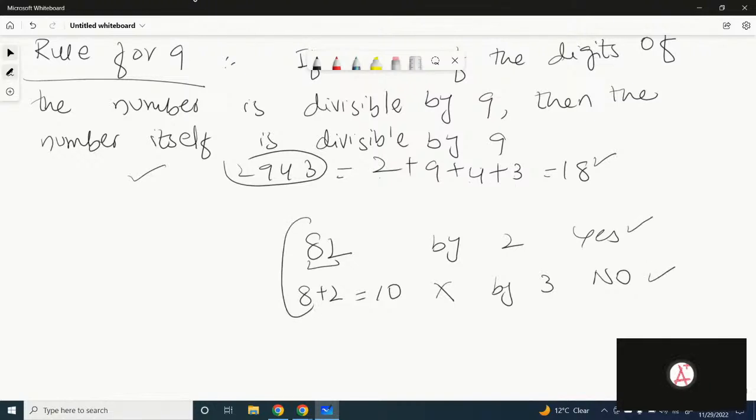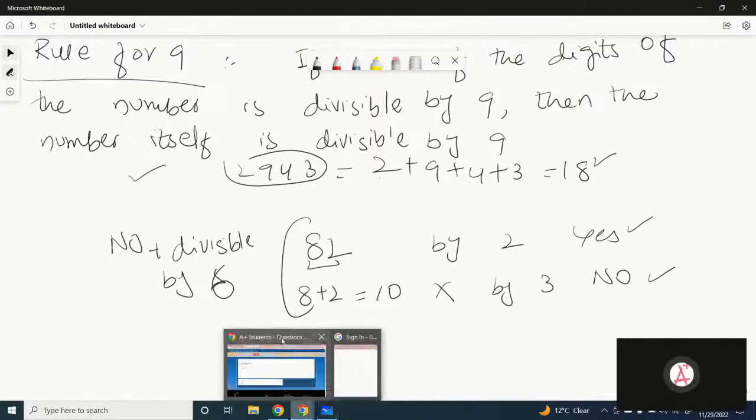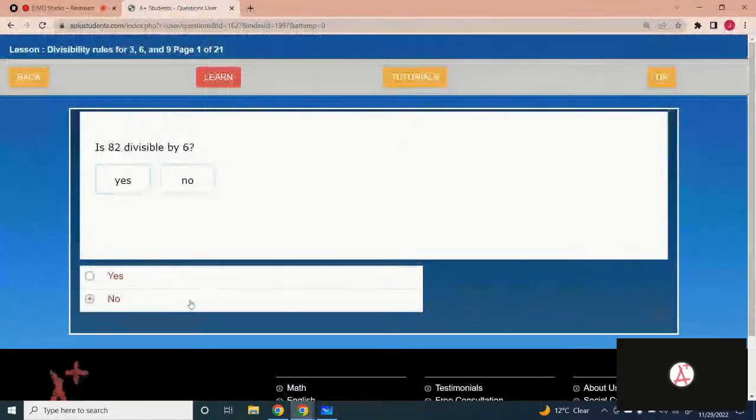That means it is not divisible by 6. Got it? Because for 6, it has to be divisible by both of the numbers. So the answer is no, it is not divisible by 6. Got it?